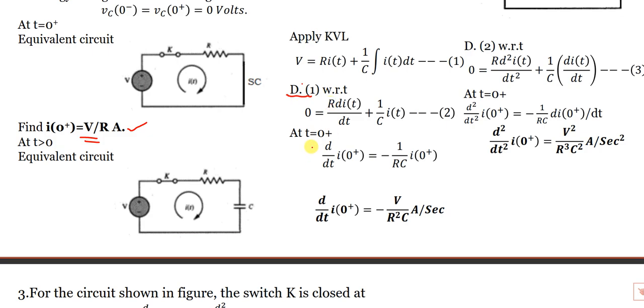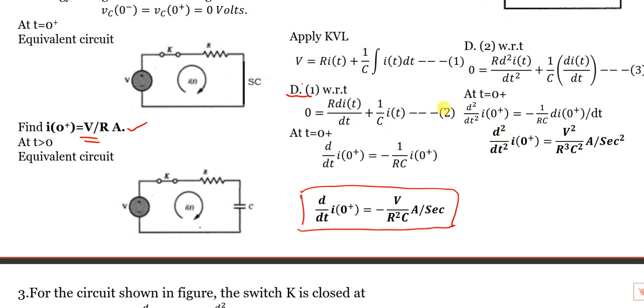So the general expression for di by dt is minus V by R square into C. So you substitute in our problem: 100 by 1000 square into C micro. You will get that much into ampere per second square. You will get minus 100 here.